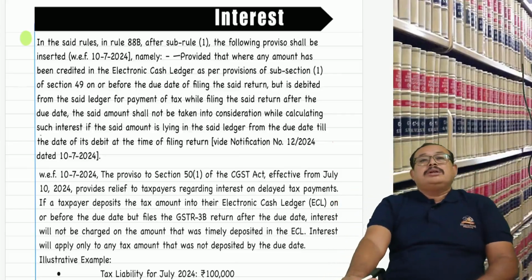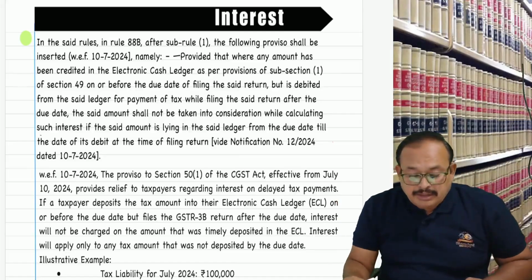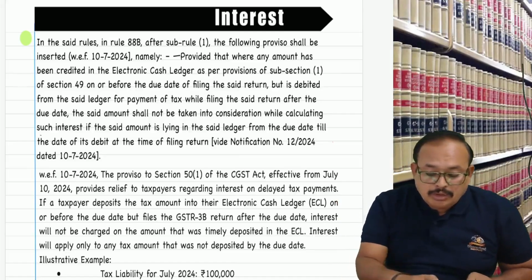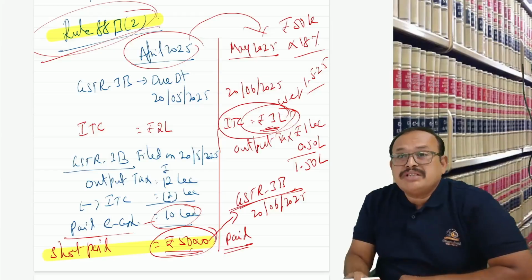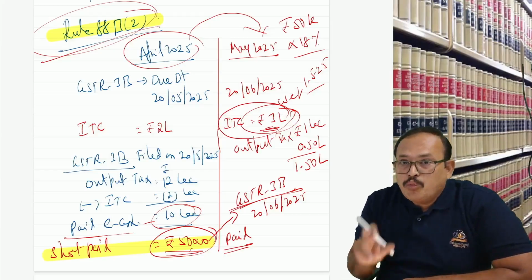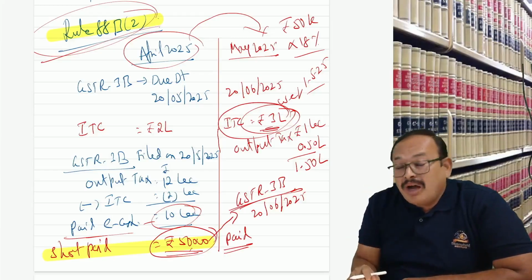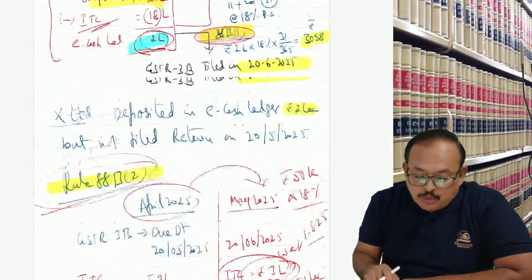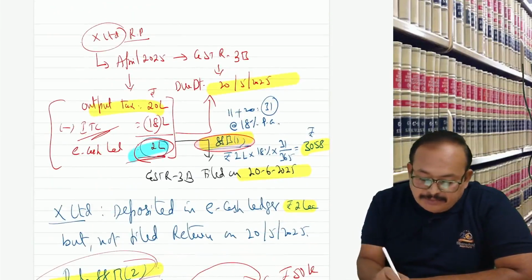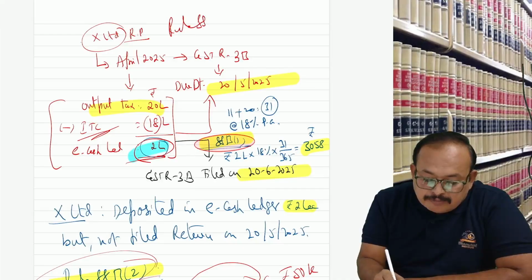Now, here I have overstated the provision to some extent. What is overstated? Rule number 88B, sub number 1.